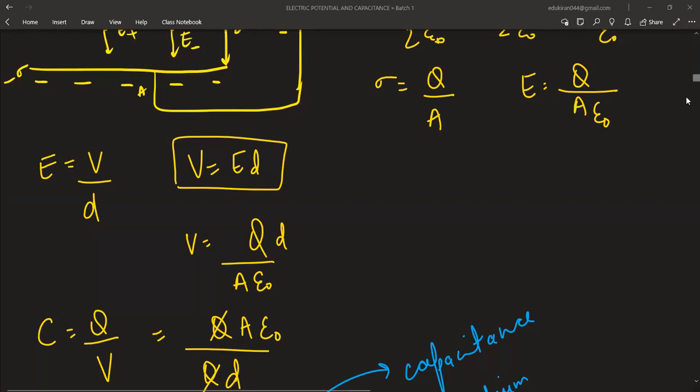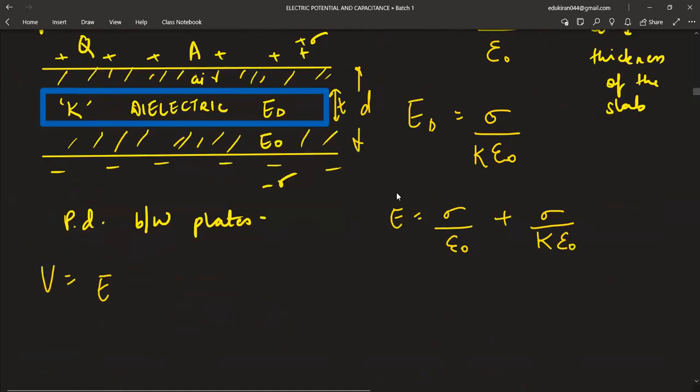Now you tell me, when we are calculating the potential due to air, or let's say due to this dielectric slab, what is the length that I should multiply? Anyone from the class? Just the slab part. Electric field is ED. What is the length of the slab? ED times t. Very good. So we should multiply t here plus electric field due to air.